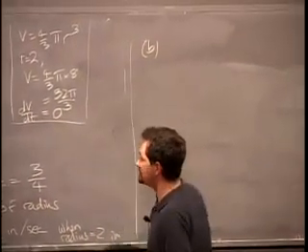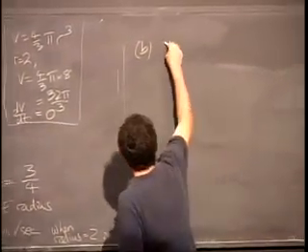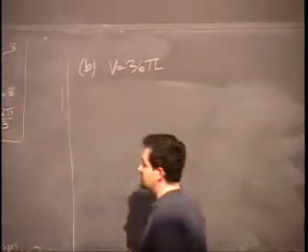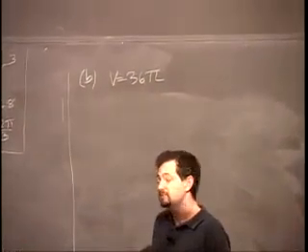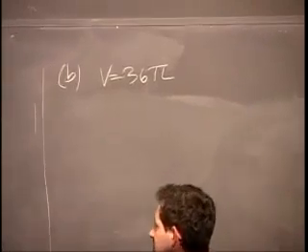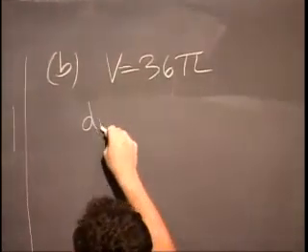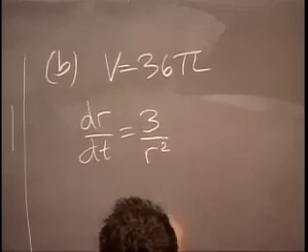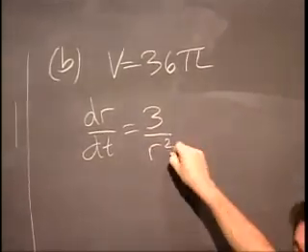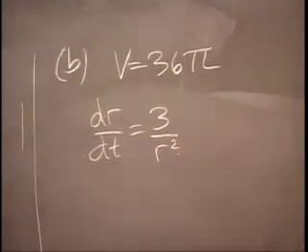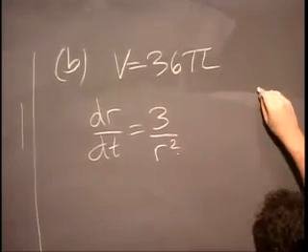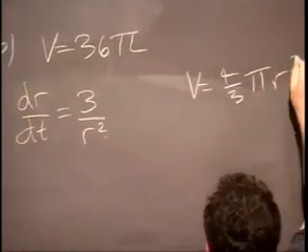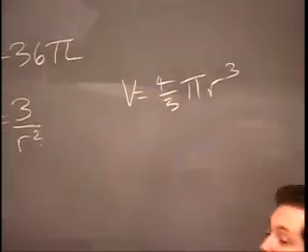Well, part B says when the volume is 36 pi inches cubed, so V is 36 pi, well, the formula that we have is dr/dt is 3 over r squared. But it does not say V, it says r. So we need to come back to the original equation, which was V is 4/3 pi r cubed, and we need to plug in 36 pi into that.